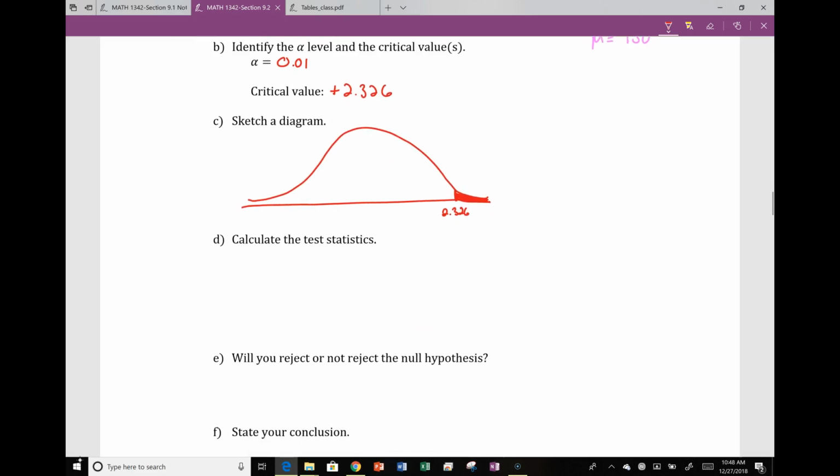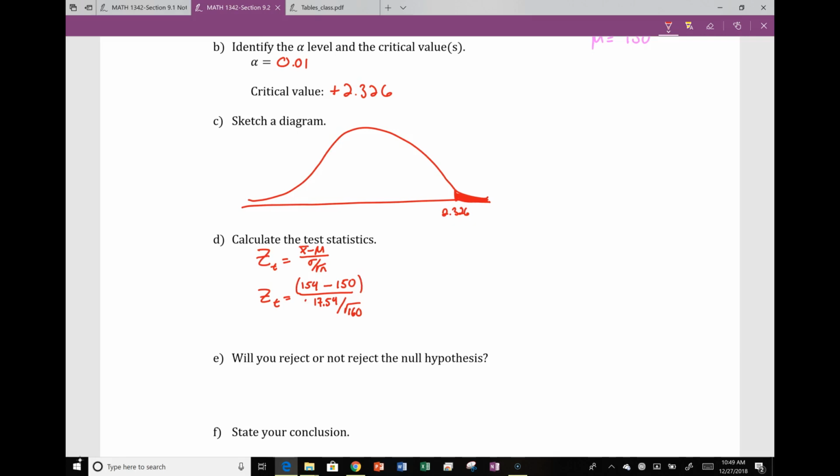Now let's look at our test statistic. Our test statistic, Z sub t, is x bar minus the mean divided by our sigma over square root of n. So we have that they calculated to be $154 minus what it originally was of $150. The population standard deviation is 17.54, and we had a sample of 160.